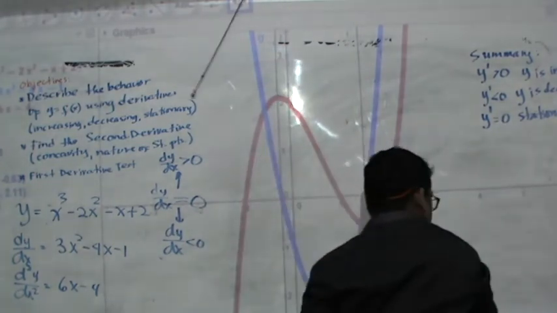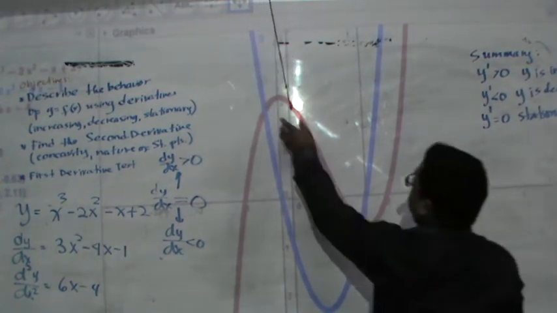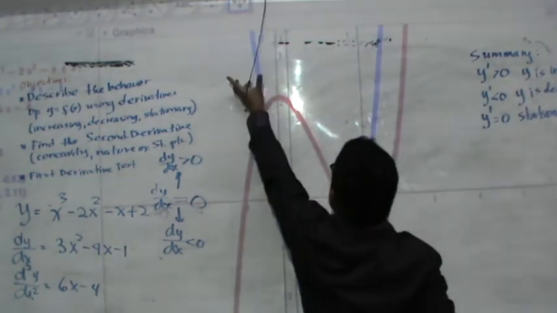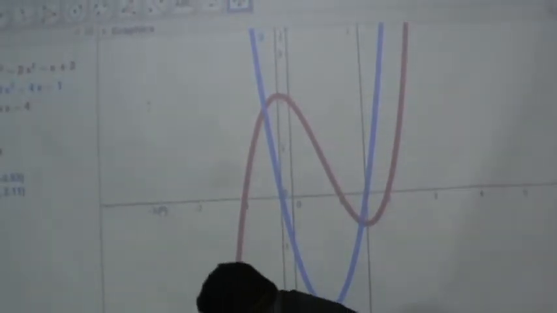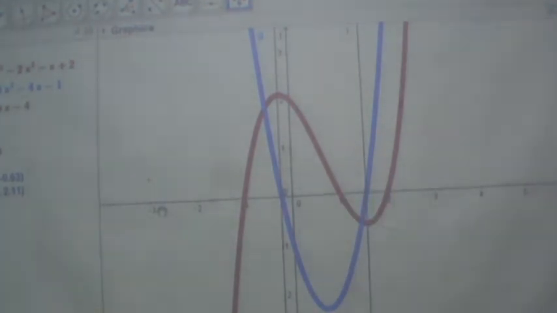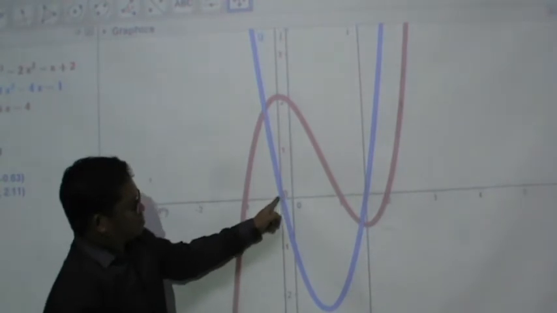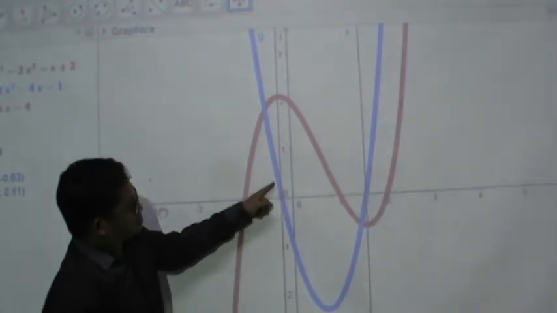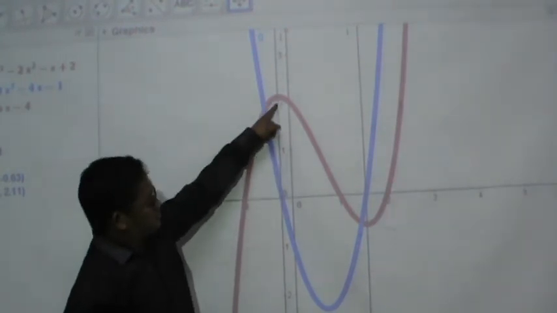Okay? So I want you to look at these two lines here. I don't know if that's visible. So as you can see, let me pull this one out. Just bring it in. Okay. So here, as you can see, at this specific value where dy/dx is equal to 0, the blue curve is dy/dx, and you have there the stationary point.